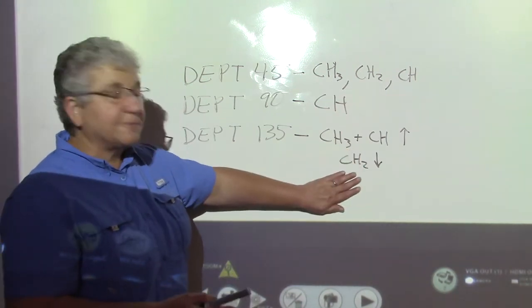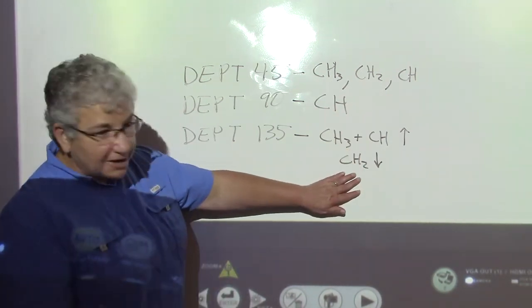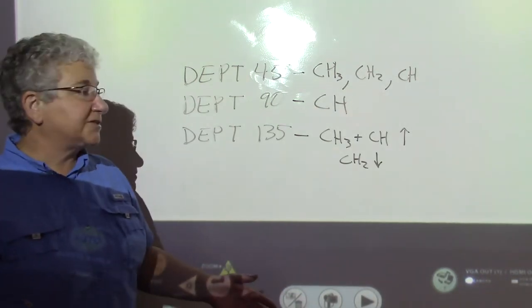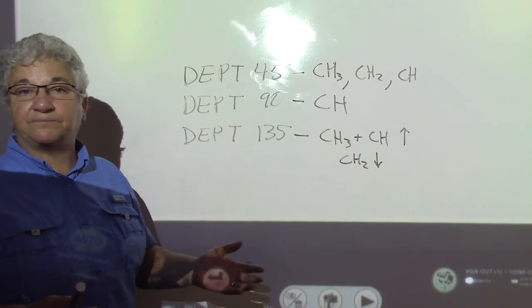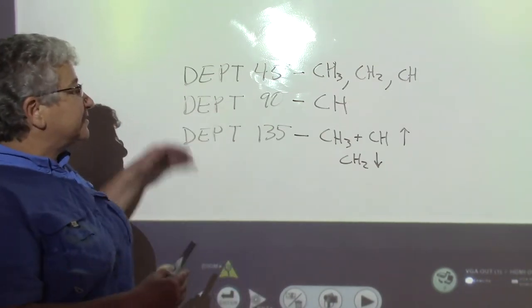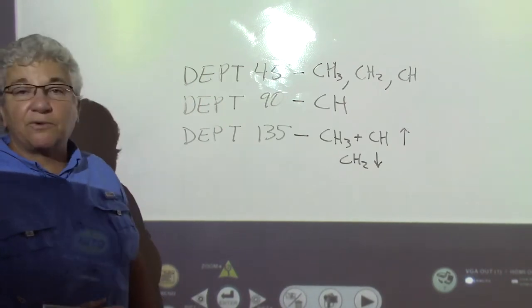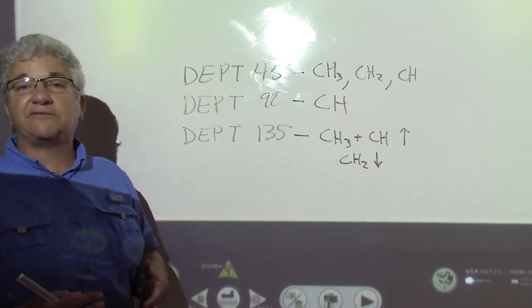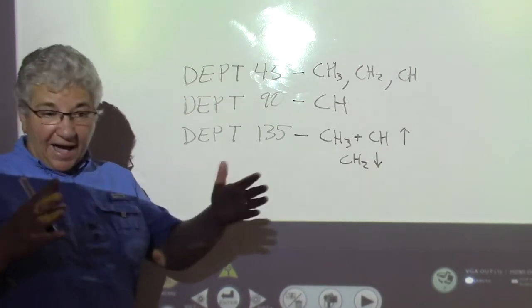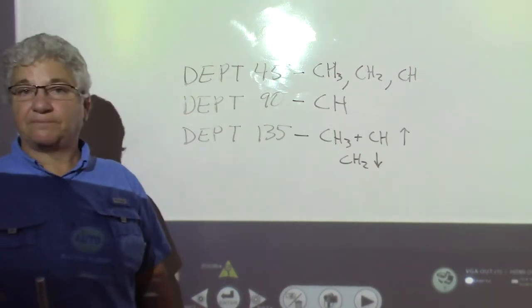And then you know which carbons are CH2 because they're below the axis. And then you know which carbons don't have any hydrogens because they don't even show up. Okay? So if you manipulate a C13 spectrum and a DEPT 90 spectrum and a DEPT 135 spectrum, you'll easily be able to figure out which of the carbons in your molecule have how many hydrogens on them.